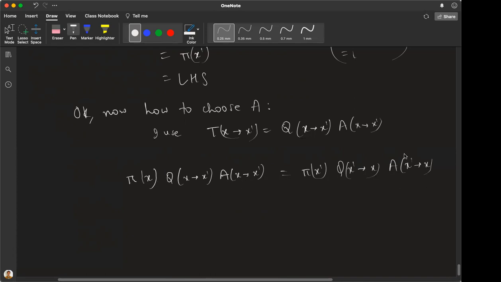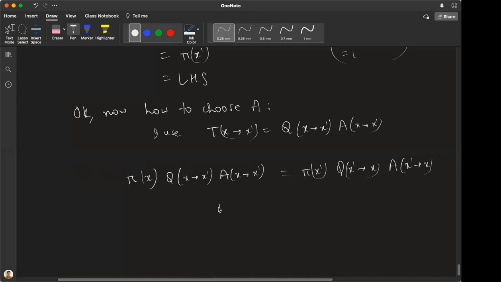Now, this relation has both Q and A, and I can use it to eliminate one of them, either A or Q. Let us eliminate A, because in rejection sampling A is given to us and we are just designing Q. So here also we fix our A and then we are free to design Q. Now, what does it become?